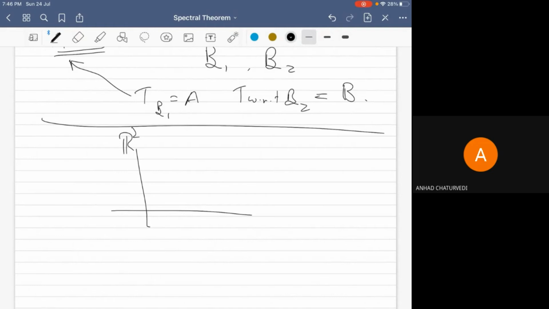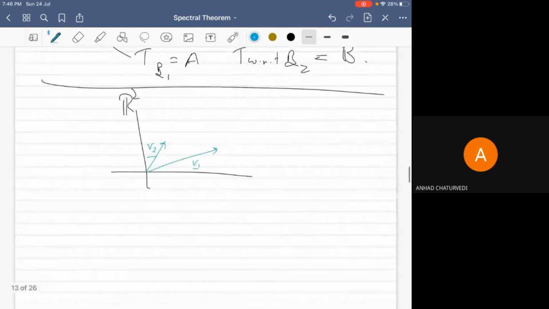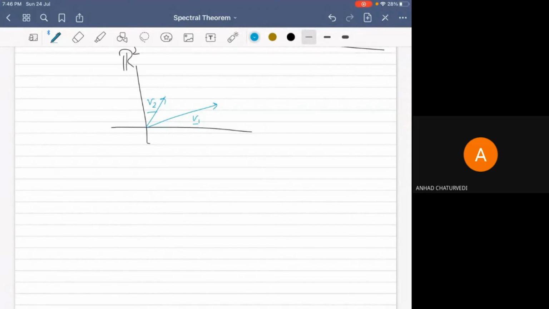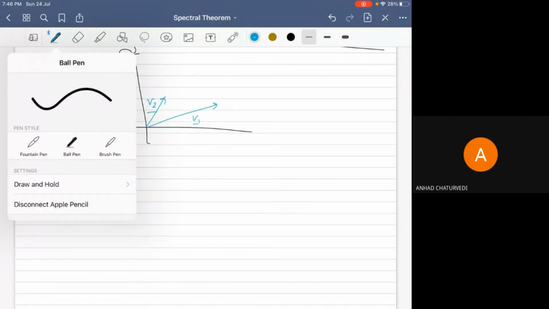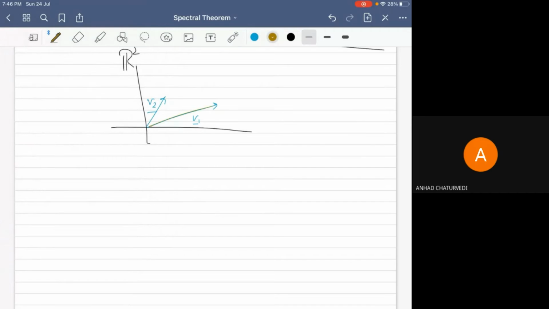If we have one basis V1, V2, and the basis vectors are eigenvectors, then T sends V1 to, let's say, 3V1 and V2 to, let's say, 4V2. Then with respect to V1, V2, the matrix of T would be 3, 0, 0, 4, and that is a diagonal matrix.